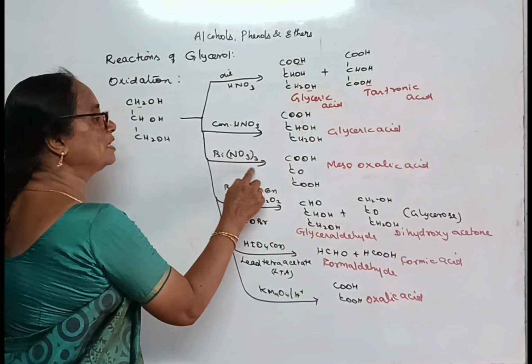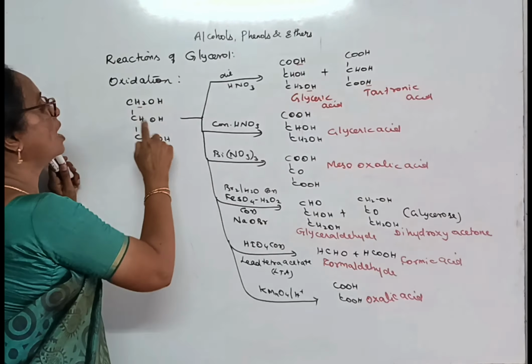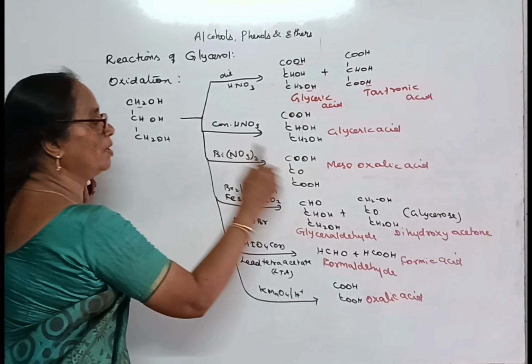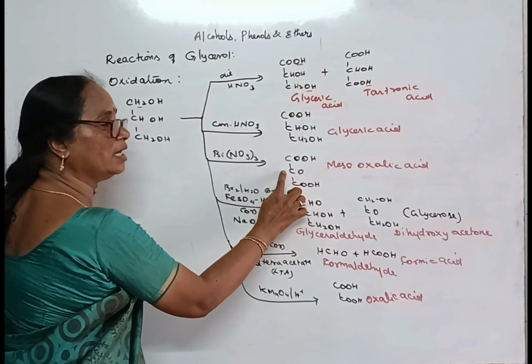With bismuth nitrate, all of the primary and secondary alcohols are oxidized. Primary alcohol oxidizes to carboxylic acid, this primary also to carboxylic acid, but secondary alcohol to ketone. So we are getting mesoxalic acid.